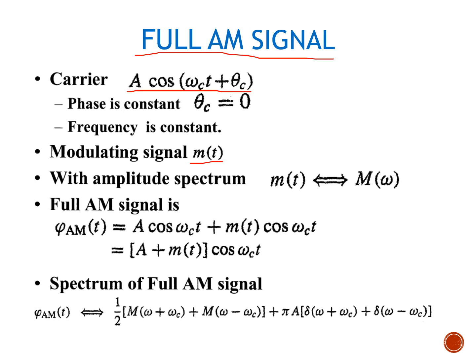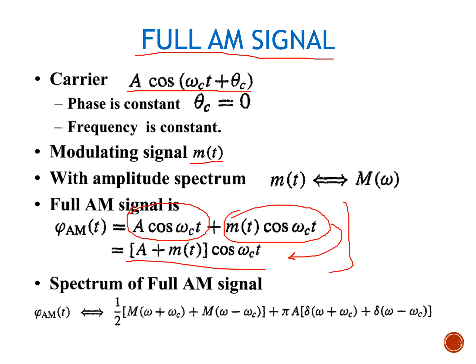Now let's say we add this carrier to this AM signal that we have obtained until now. In other words, it can also be written in this way. So this would be called a full AM signal, because it not only has the sidebands, it has a carrier as well.